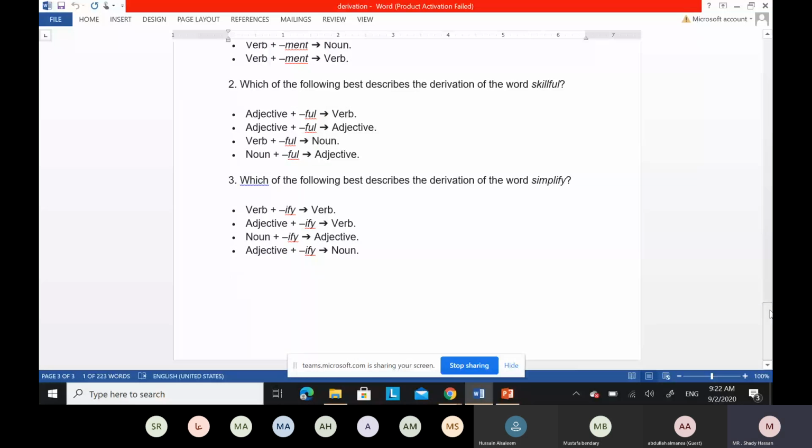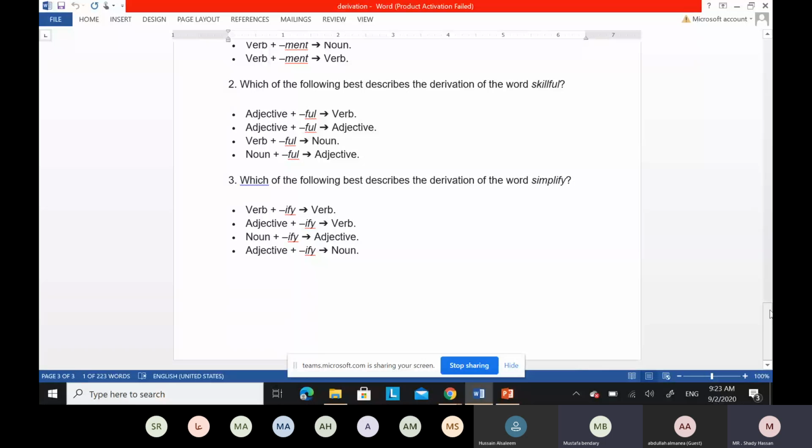Okay, question number 2. Which of the following best describes the derivation of the word skillful? Skillful. So I'm adding ful to the word skill. Is it adjective plus ful that gives a verb, adjective plus ful that gives adjective, verb plus ful that gives noun, or noun plus ful that gives an adjective?